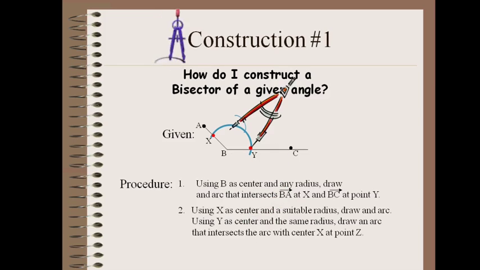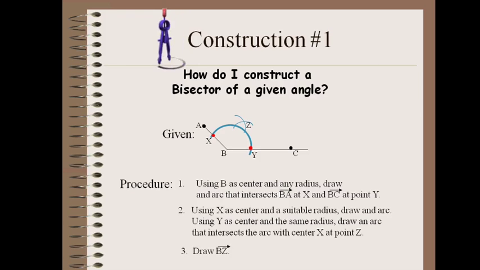Then interchange your position, keep your pointer at Y and repeat the same procedure and make another arc which must intersect the previous arc at a distinct point, and this point can be considered as Z. When you join BZ, it will give you the required angle bisector of angle ABC.